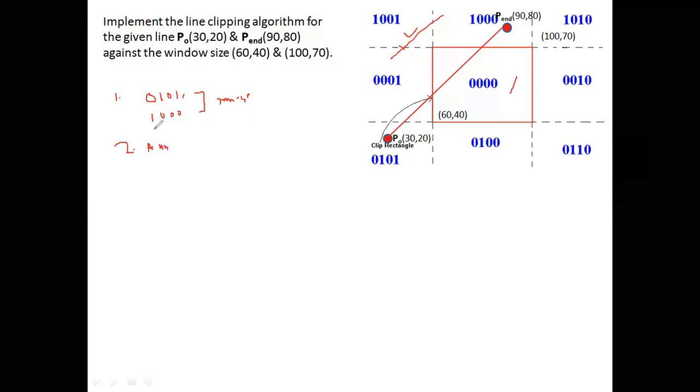It gives us zero value, and again zero, and again zero, which means it cannot be trivially rejected, so clipping is required in this case. Because we have taken this p naught, the clipping will be required across this edge.